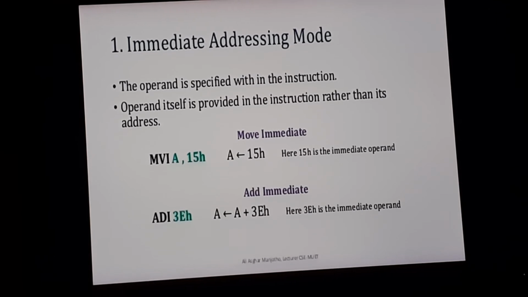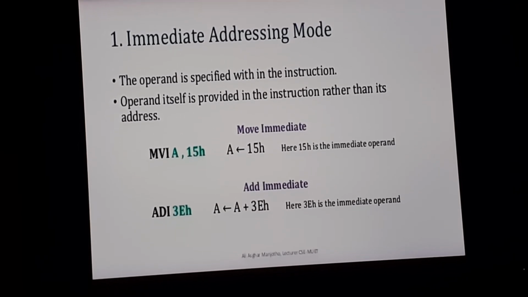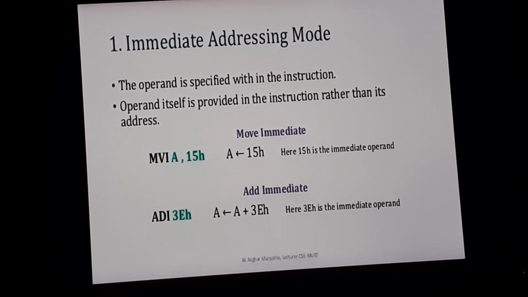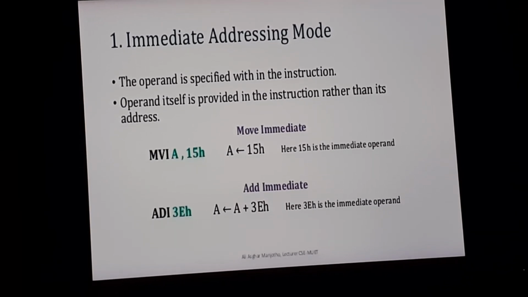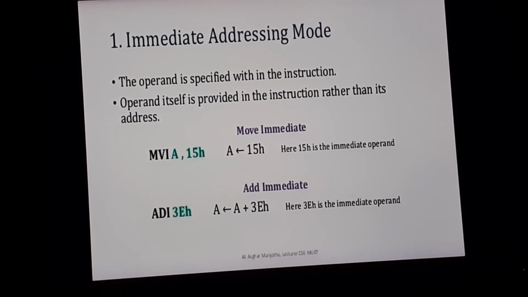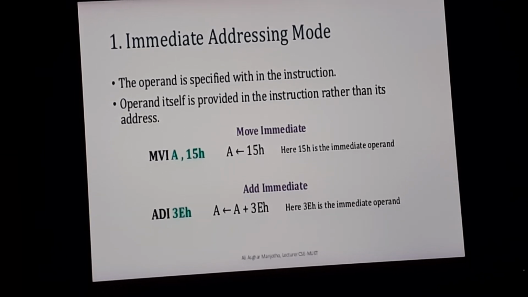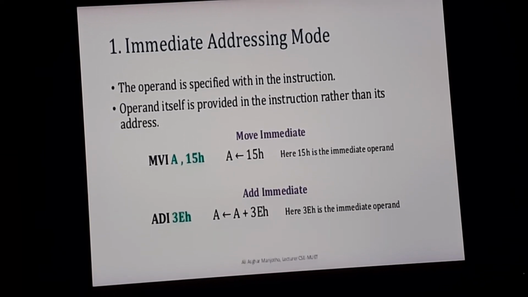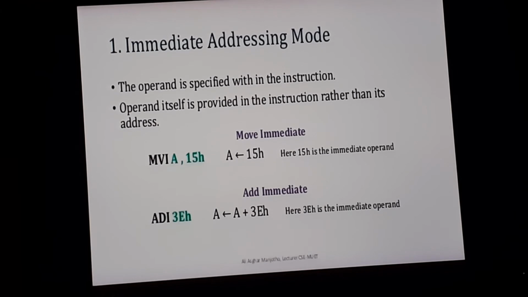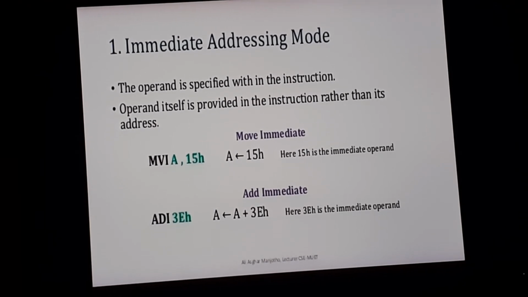Now the next addressing mode is immediate addressing mode. Since it is immediate addressing mode, we have all the instructions which have I in them. See here in the example, can you see MVI, ADI? So I stands for immediate, and what it does, it transfers the immediate data into the register that we have written. Immediate addressing mode means the operand is specified within the instruction; the operand itself is provided in the instruction rather than the address.